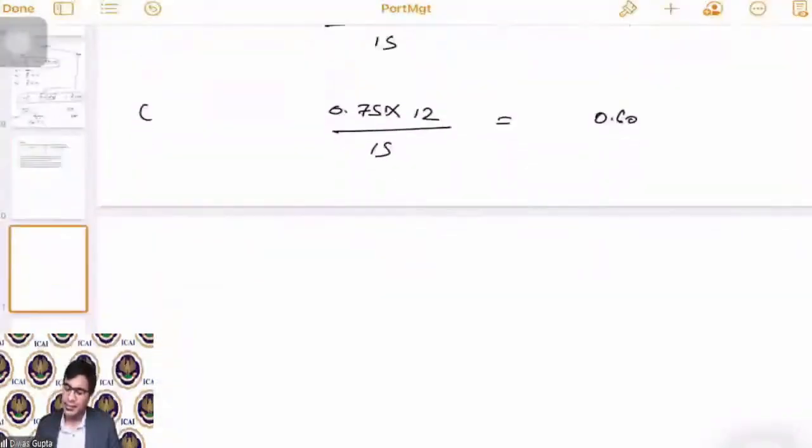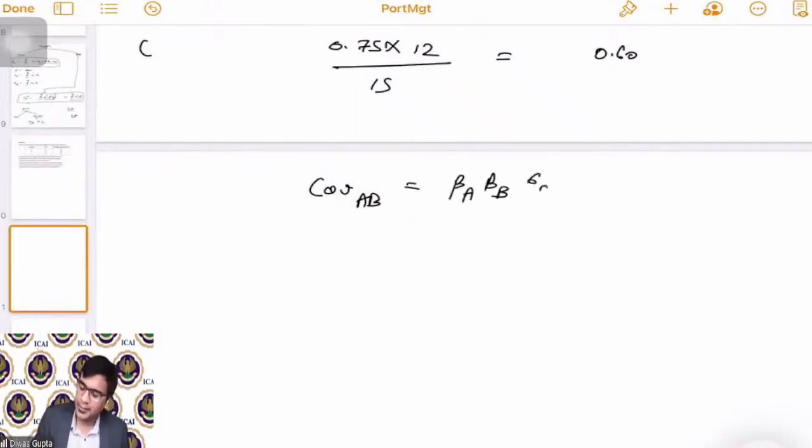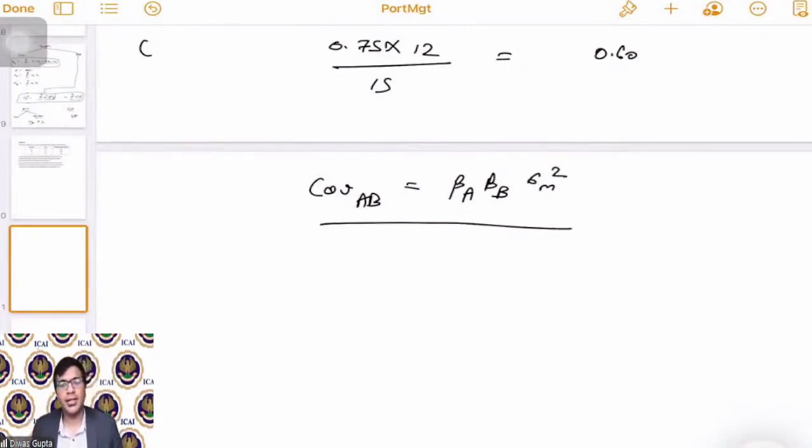So while studying the beta, we also studied that covariance between A and B is equal to beta A, beta B multiplied by the variance of market, correct? So covariance is equal to beta A, beta B, multiplied with the variance of market.